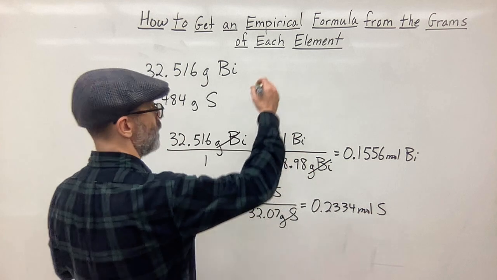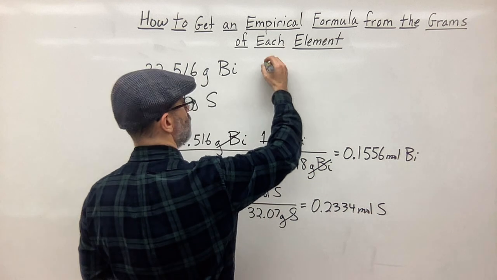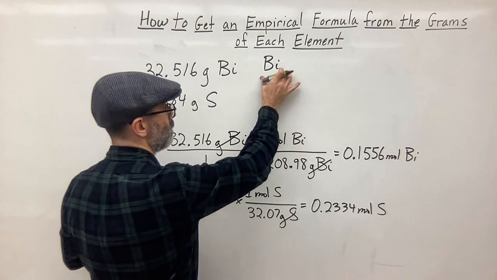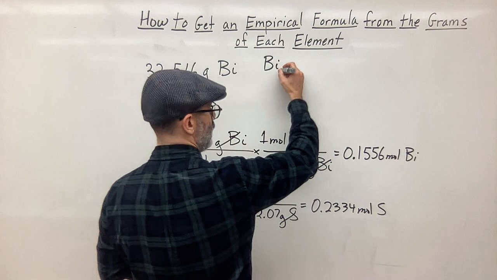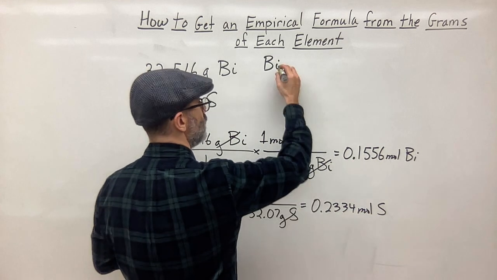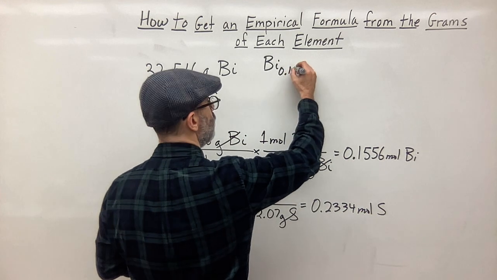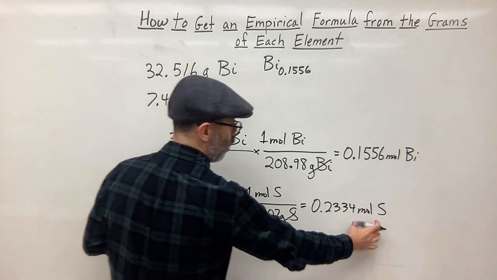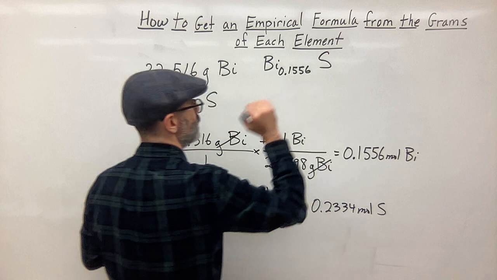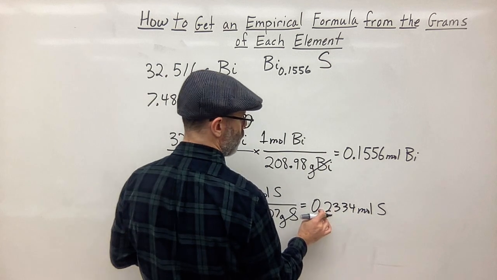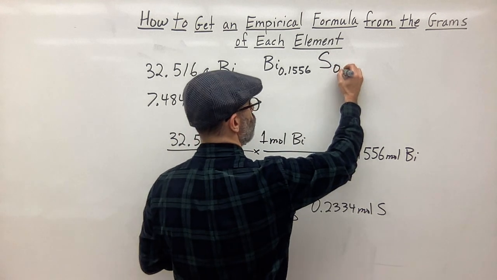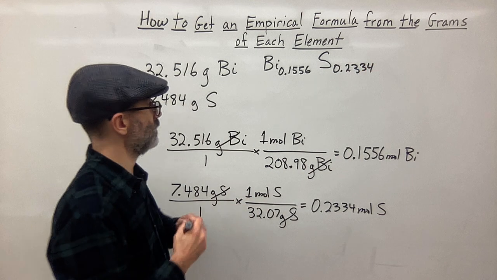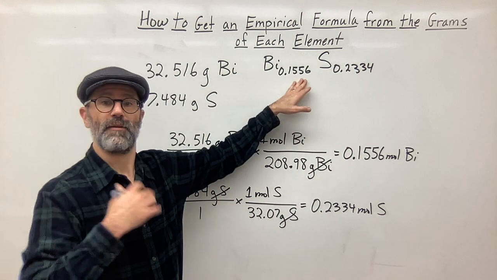So my pseudo formula is going to be bismuth, since that's the metal, I write the metal first, and then the non-metal. The subscript for bismuth is 0.1556, and for the sulfur, my non-metal, it's 0.2334. So there are my molar subscripts for my formula.